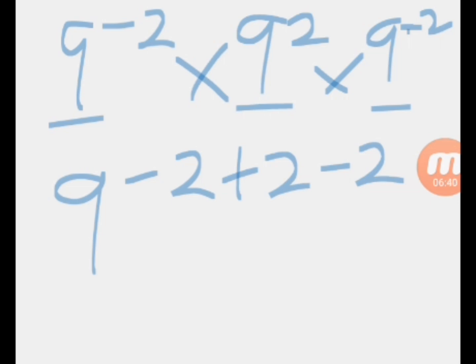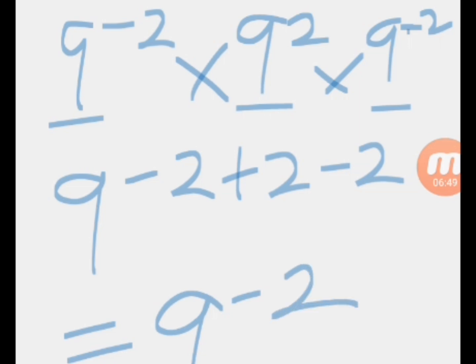Minus 2 plus 2 already is 0, then minus 2. So we are having 9 raised to the power minus 2. And so this minus 2 is the key thing we are asking for. Calculate the logarithm to base 9 of this particular statement. So the answer there is minus 2.